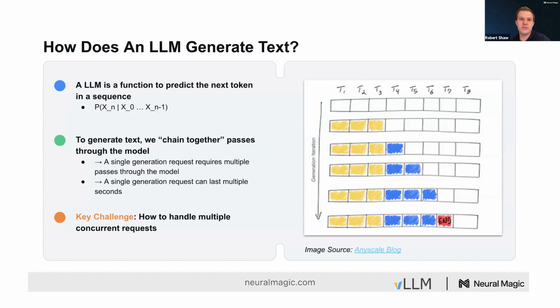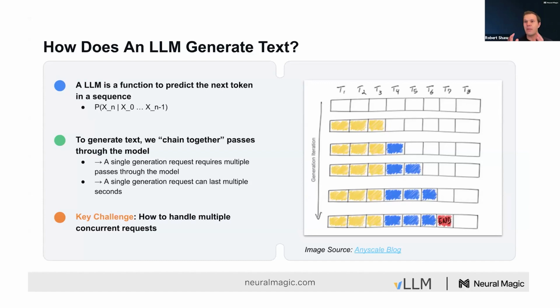So to get started, just with the real fundamentals of LLM inference. An LLM fundamentally is a function that predicts the next token in a sequence. So if you think about it, basically we're computing the probability of the nth token, given the previous series x0 through xn-1.